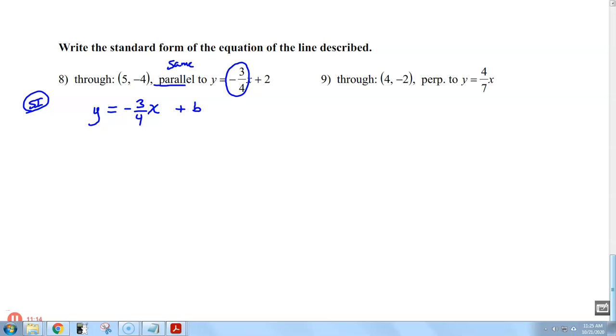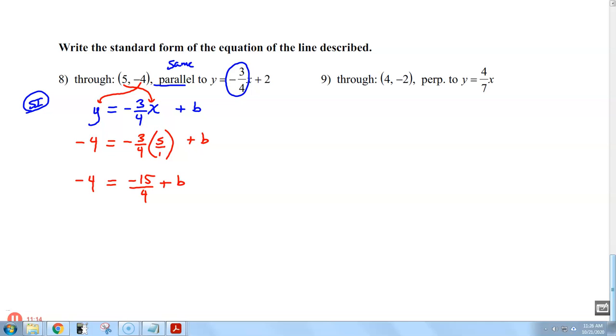So take the point they give me, plug it in, and I get -4 equals -3/4 times 5, which is really 5/1, plus b. And I got -4 equals, well, that would be -15/4 plus b.